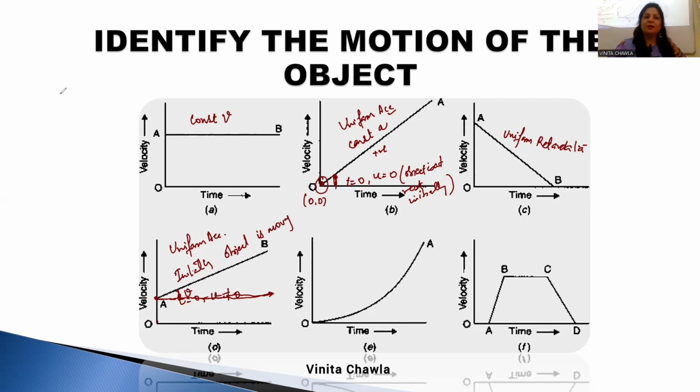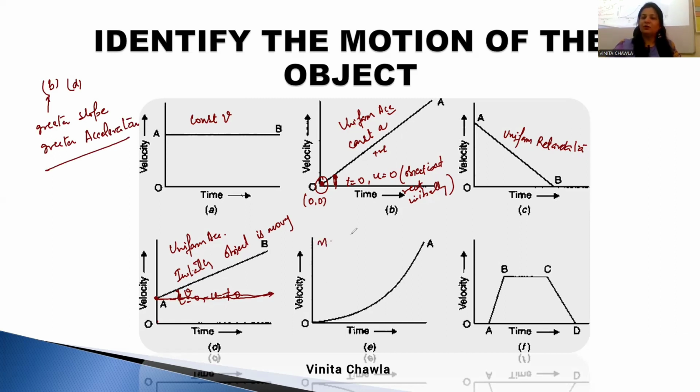If we compare B and D, graph B has greater slope. It's a velocity time graph, and the slope of a velocity time graph gives acceleration. So greater slope indicates greater acceleration.